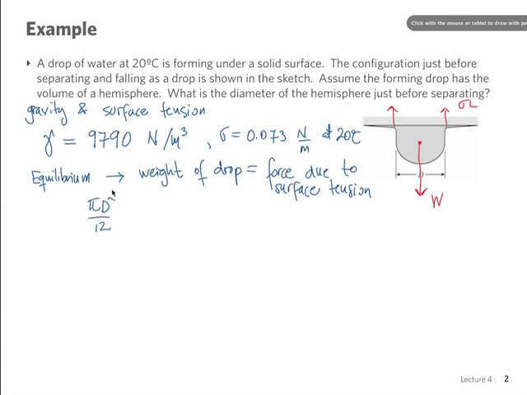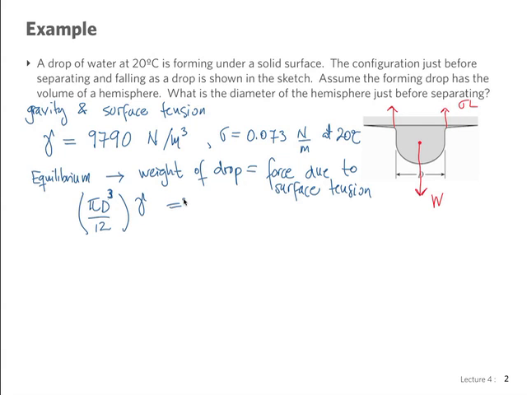You of course can have tables of volumes of things like that in your book. They're available in case you forget.